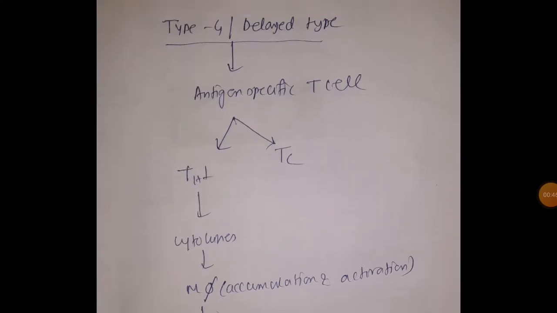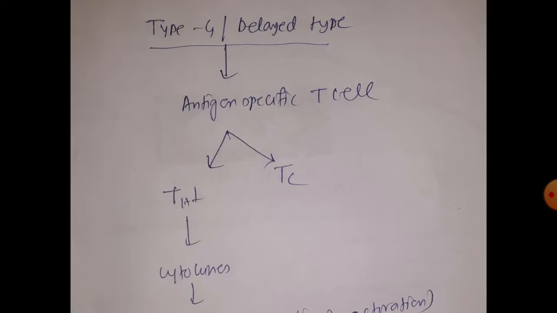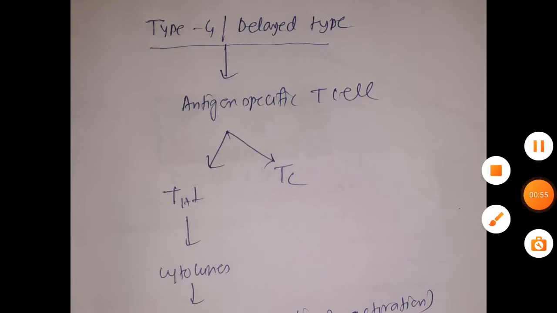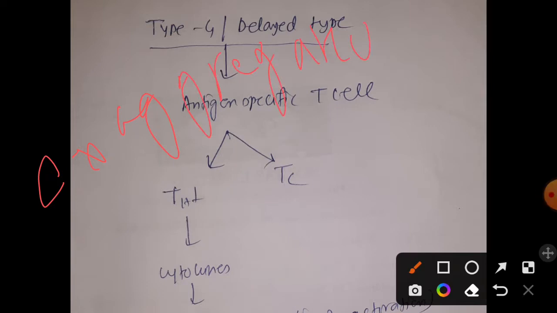Before talking about our Mantoux test, we need to talk about hypersensitivity reaction, although it is not a test. So a hypersensitivity reaction is an exaggerated immune response, and that usually causes tissue damage. It usually manifests in the individual during second or subsequent contact with an antigen.